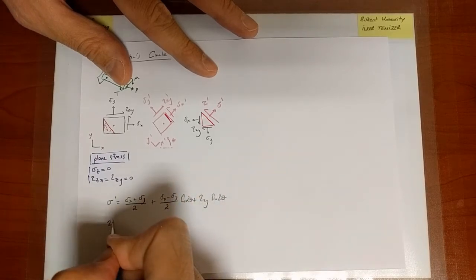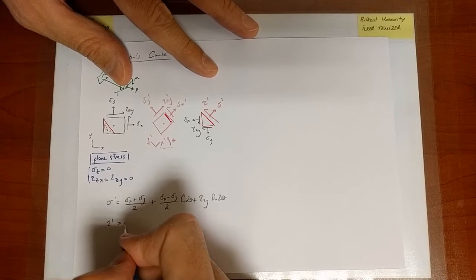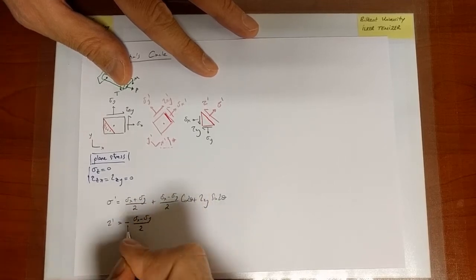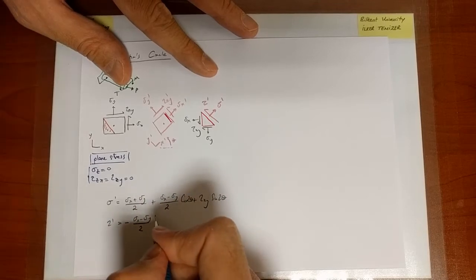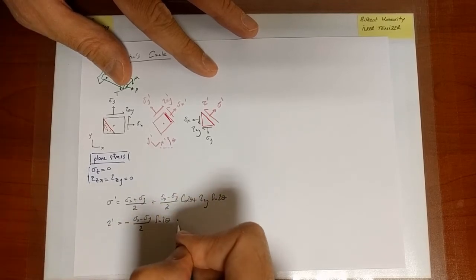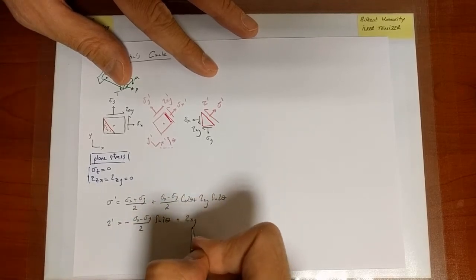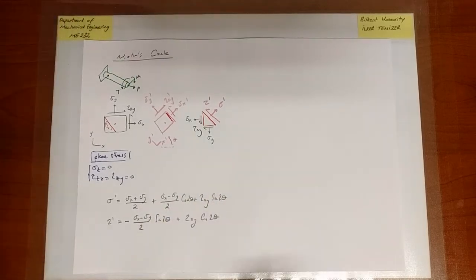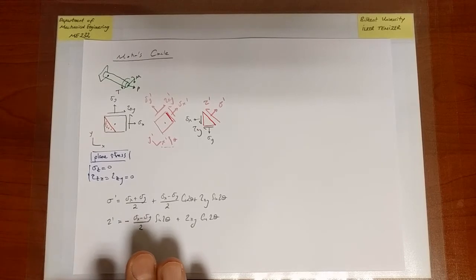And there is a tau prime, which is equal to minus sigma x minus sigma y over 2, where the minus multiplies everything, sine 2 theta plus tau xy cosine 2 theta. Great. Okay. Now at this point, maybe I should highlight something.